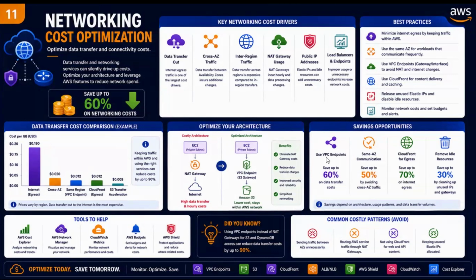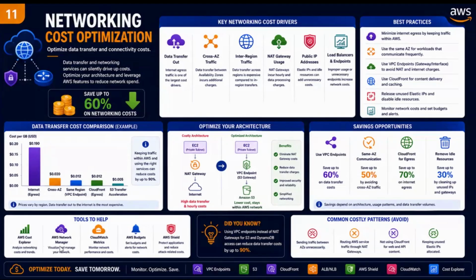If you use this VPC endpoint, then you'll get around 60% savings on data transfer cost, and CloudFront can give up to 70%, and you can remove idle resources up to 30% by cleaning up unused IPs and gateways.